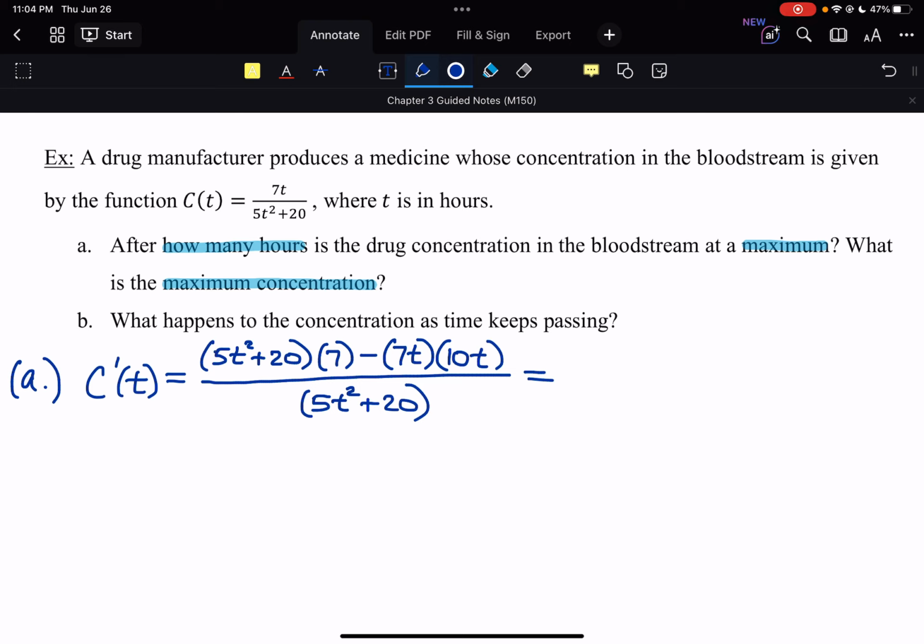We have a 35t squared plus a 140 minus a 70t squared. So we end up with a negative 35t squared plus 140. Oops, square that, over the denominator squared, which we should go ahead and just leave. I think we talked about this when we did the quotient rule. It's better usually just to leave it as is. Don't try to expand it out. It's not really going to help much of anything.